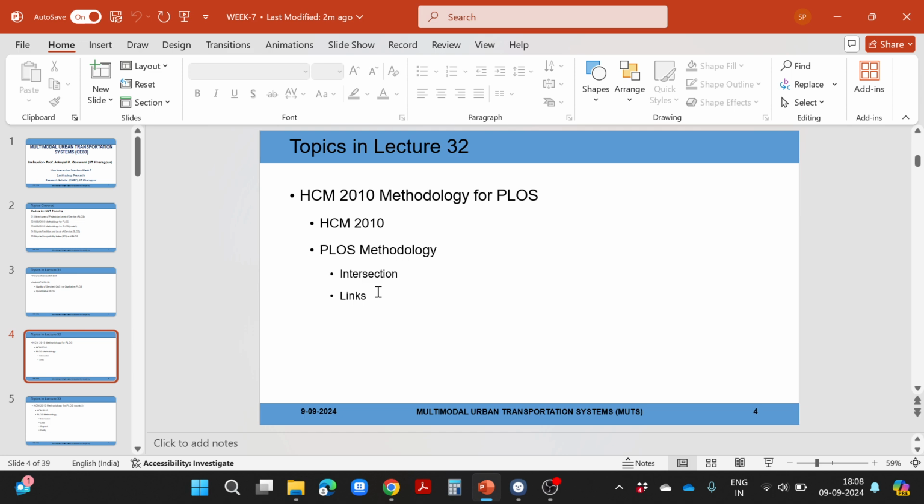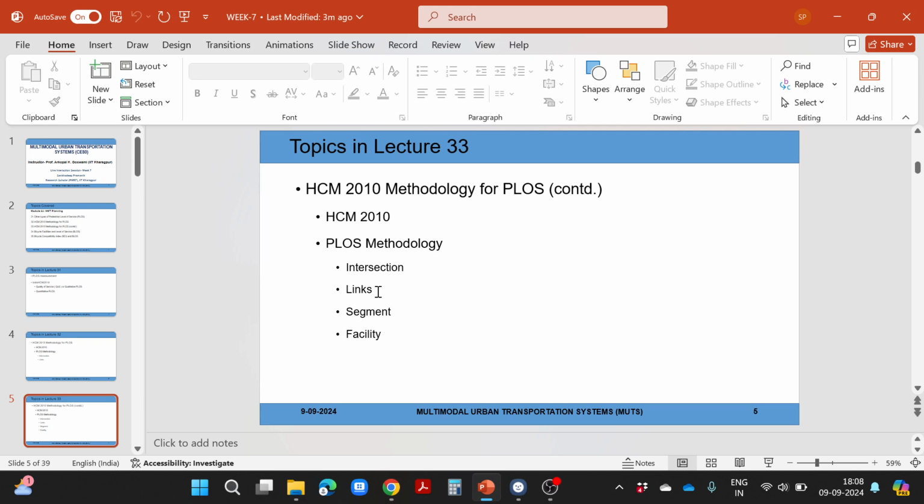From that we have discussed the pedestrian level of service methodology, different terminologies like intersection and links, and how to calculate the level of service of these facilities.